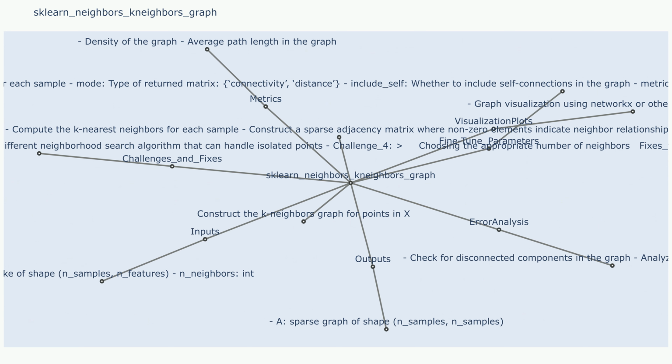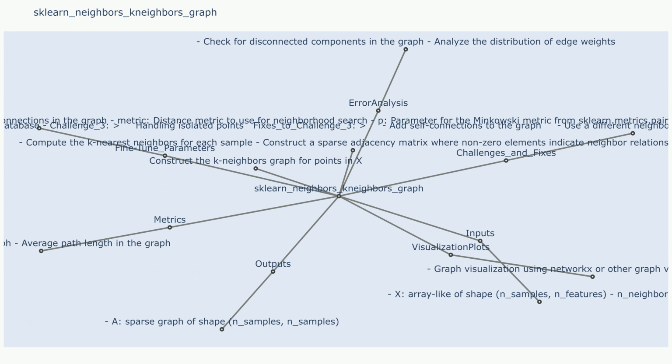If mode is set to connectivity, the entry A[i, j] is set to 1 if data point j is among the K nearest neighbors of data point i, and 0 otherwise. If mode is set to distance, the entry A[i, j] is set to the distance between data points i and j if j is among the K nearest neighbors of i, and 0 otherwise.